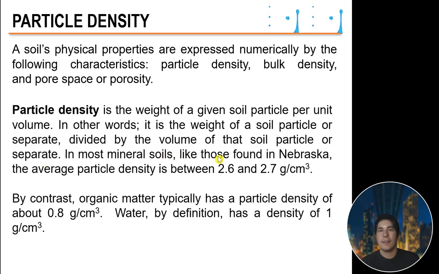In most mineral soils like those found in Nebraska, the average particle density is between 2.6 and 2.7 grams per cc. By contrast, yung organic matter typically has a particle density of about 0.8 gram per cc, while yung water by definition has a density of 1 gram per cc.